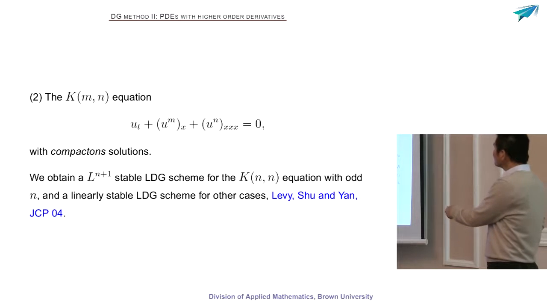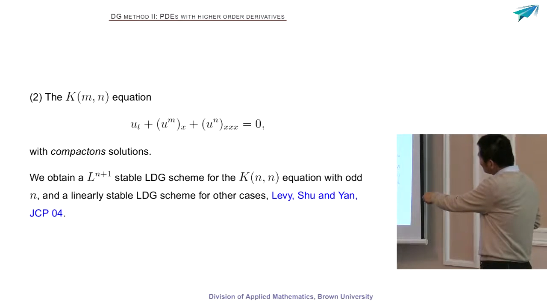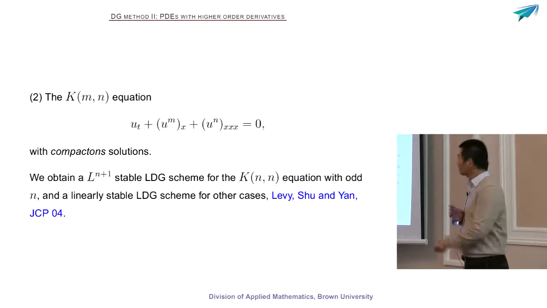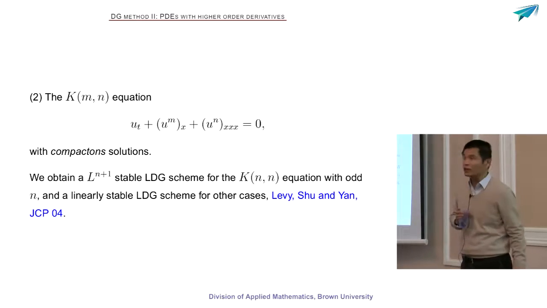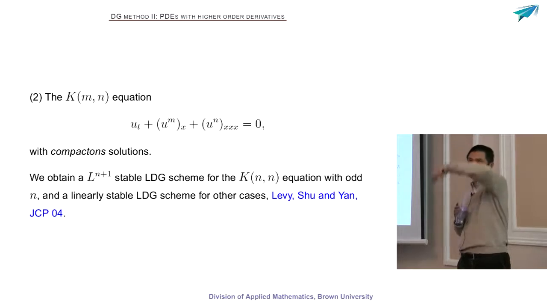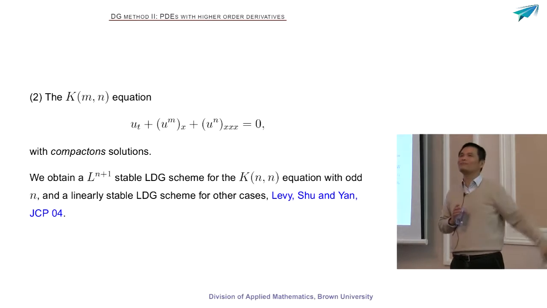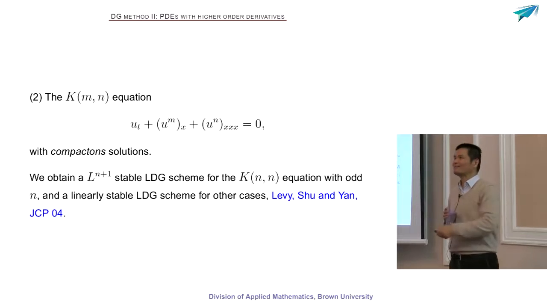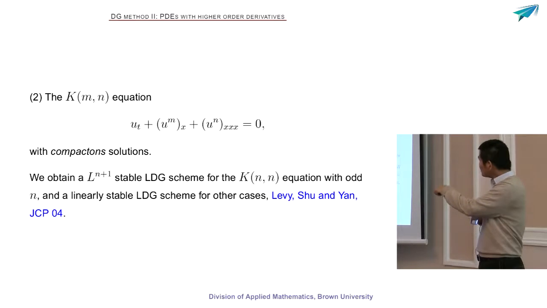So this is the KMN equation with the M here and N here. So nonlinear in convection, nonlinear in dispersion. This ends up with the so-called compactone solutions. So some kind of isolated structures which move. But it's not solitone, it's called compactone. It's completely compact, I think. For this, you can actually prove Ln plus 1 stable.